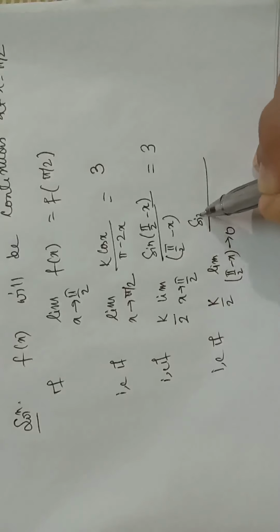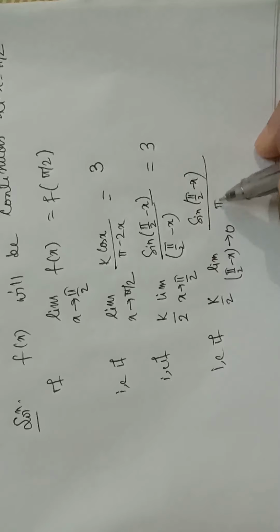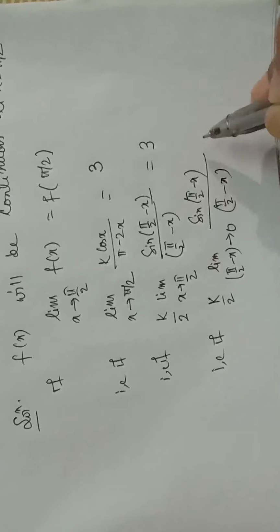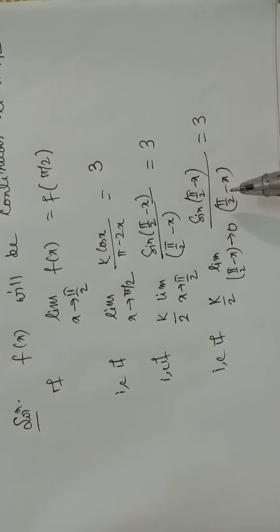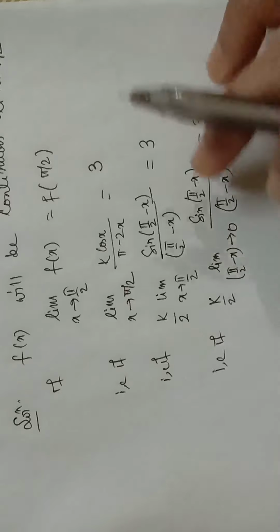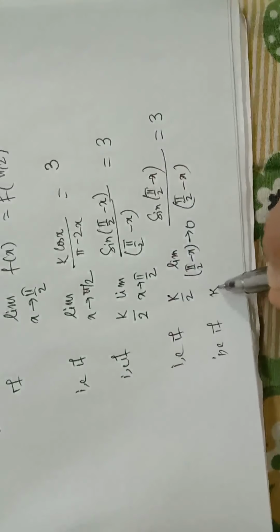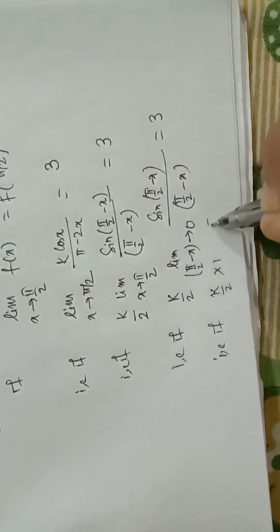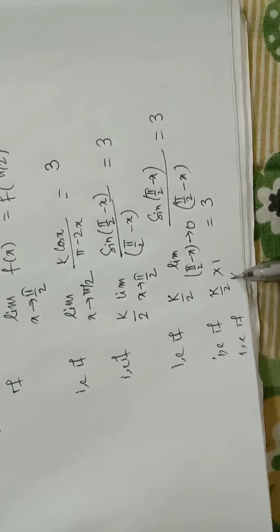Now you can see this is of the form sin x by x when x tends to 0. So the value of this will be 1. So k by 2 into 1 is equal to 3, and k equal to 6.